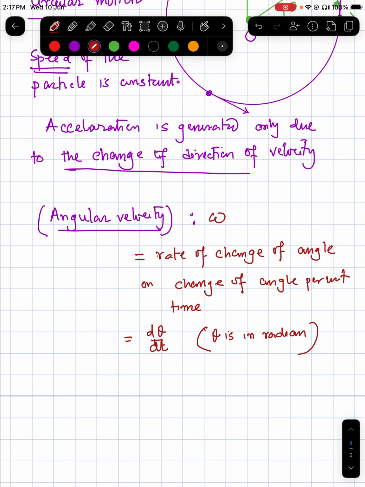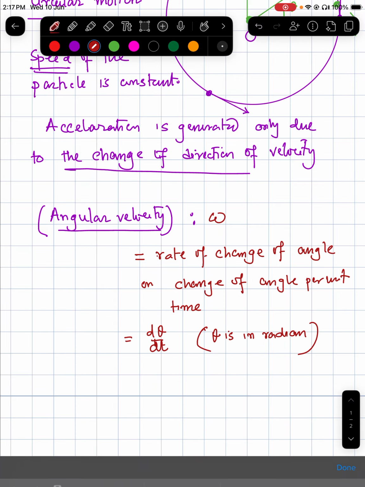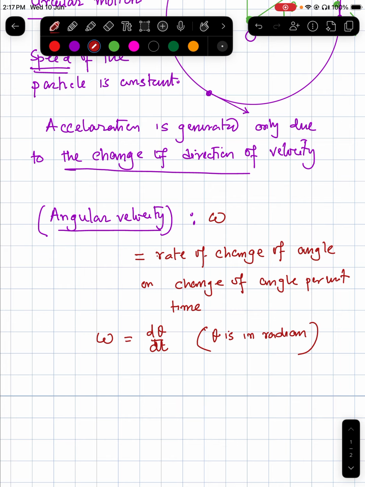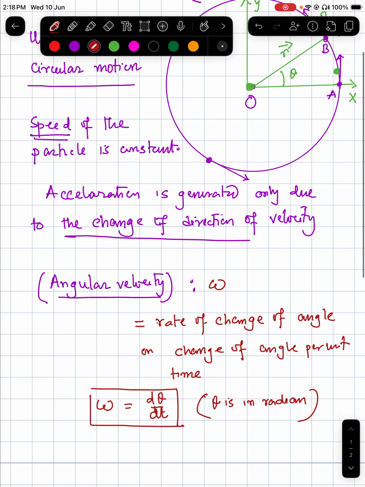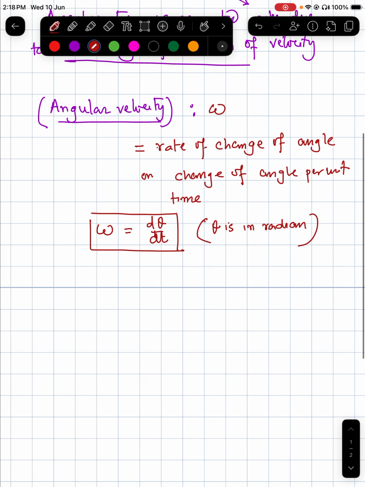Fantastic. So we have already defined a new parameter, called omega, which is needed to consider this motion. In uniform circular motion, omega is constant.